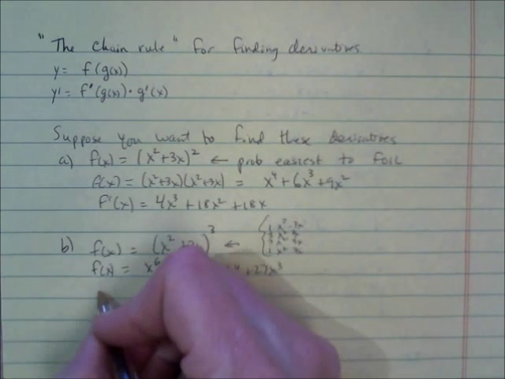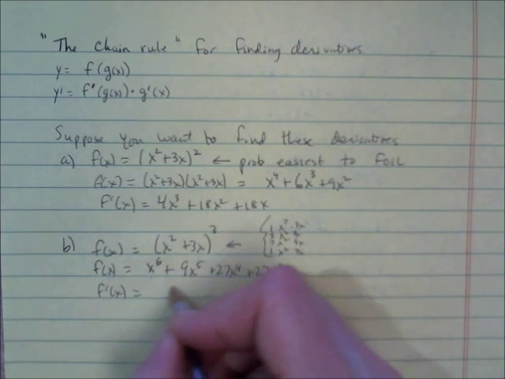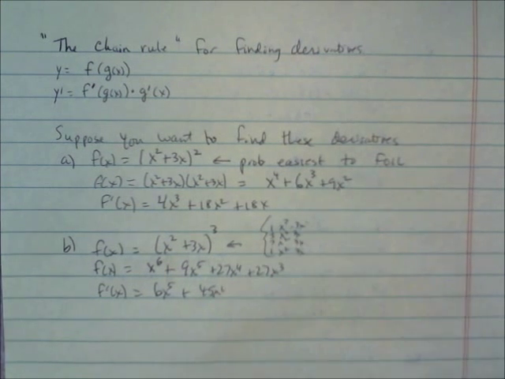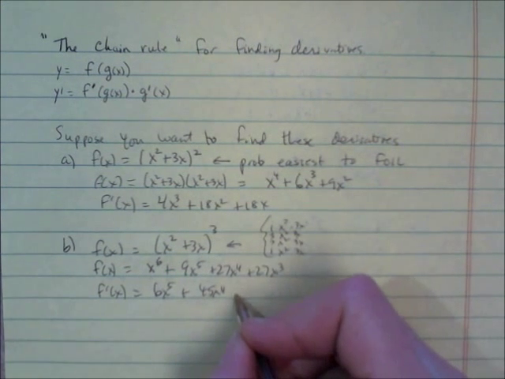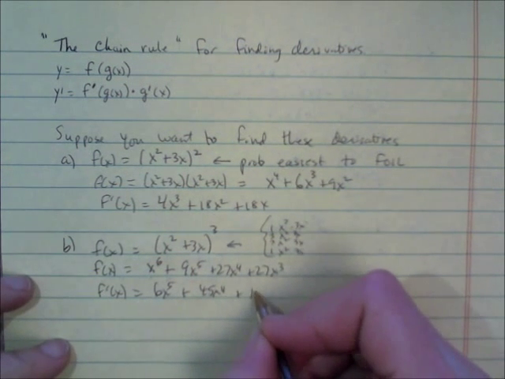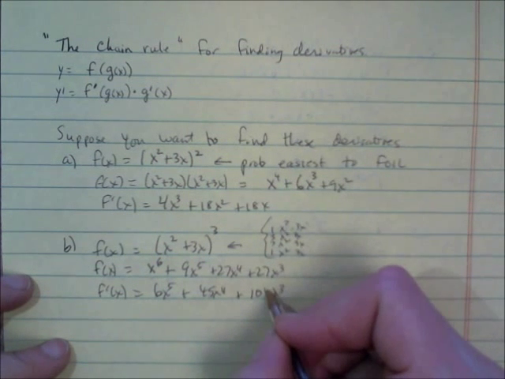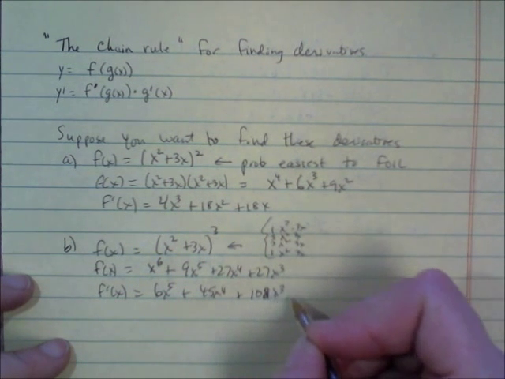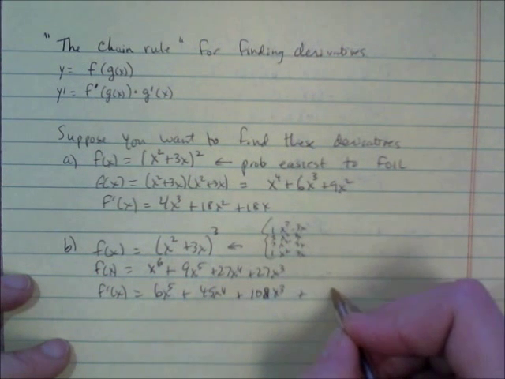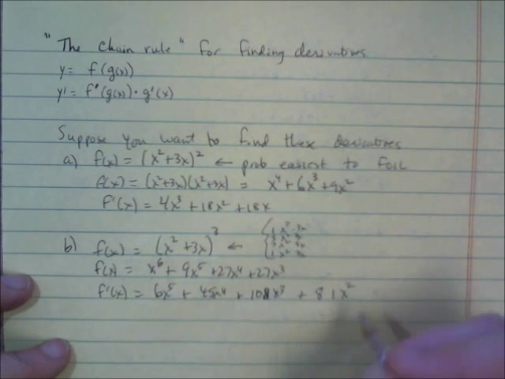And then taking the derivative of that function with the power rule is pretty easy. It's just 6x to the 5th plus 45x to the 4th plus 108x to the 3rd, and 27 times 3 is 81x squared.